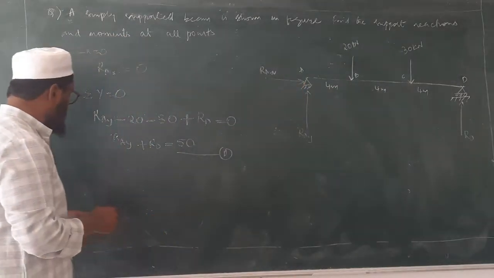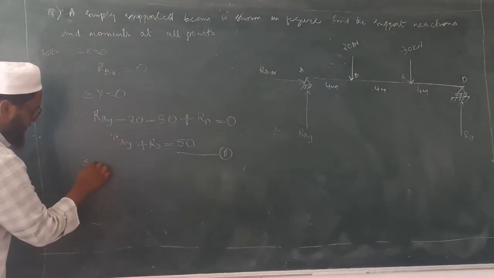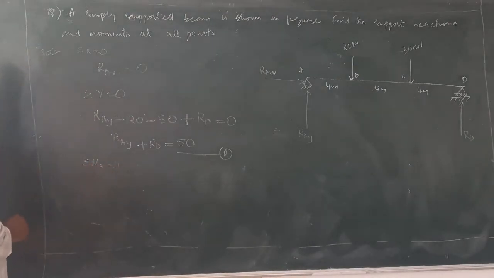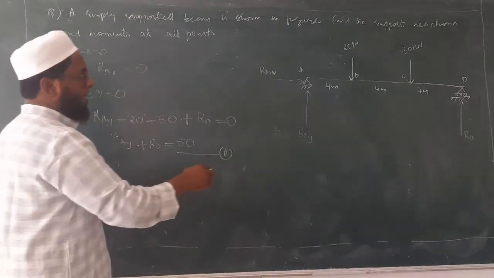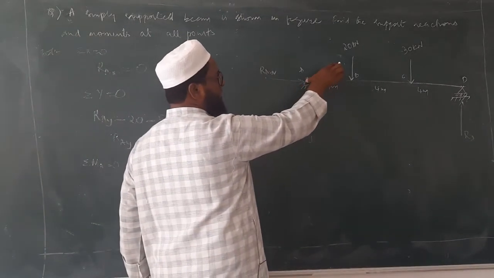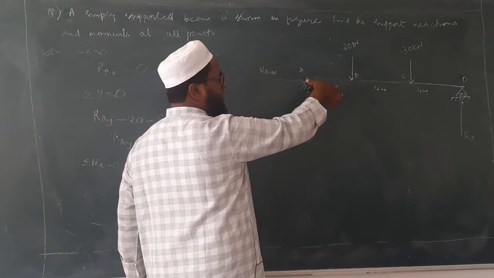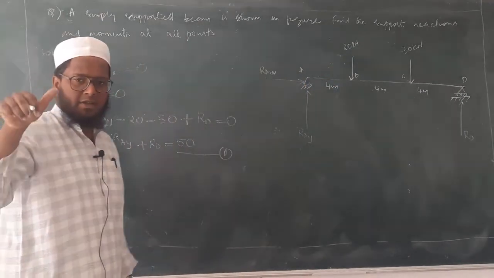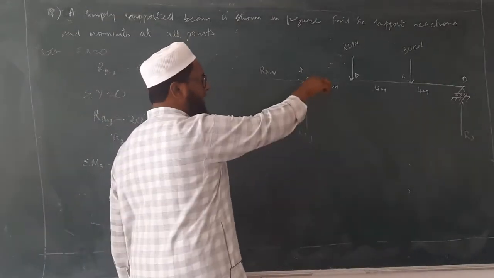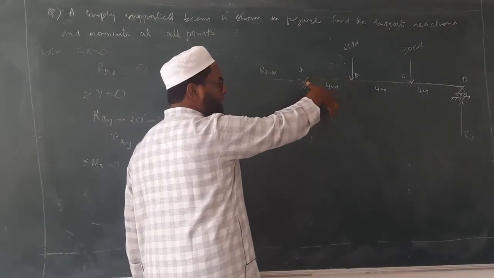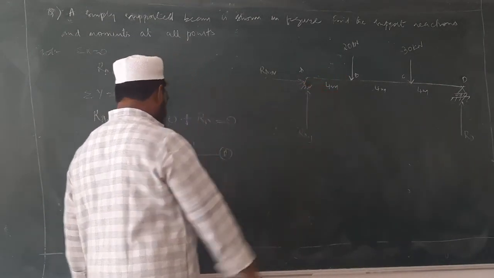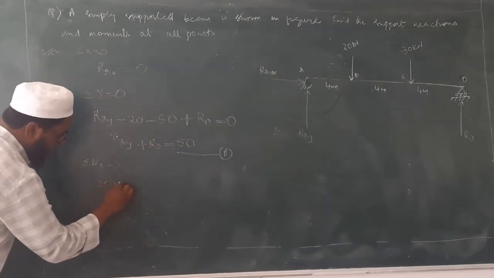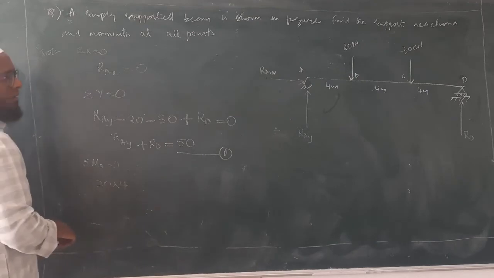So I'll take moment of all forces about point A is equal to 0. Now tell me. See here. First take 20. Always when you calculate moment, keep your thumb on point A and see the force 20, it is going in clockwise direction. So 20 into 4. What about 30?